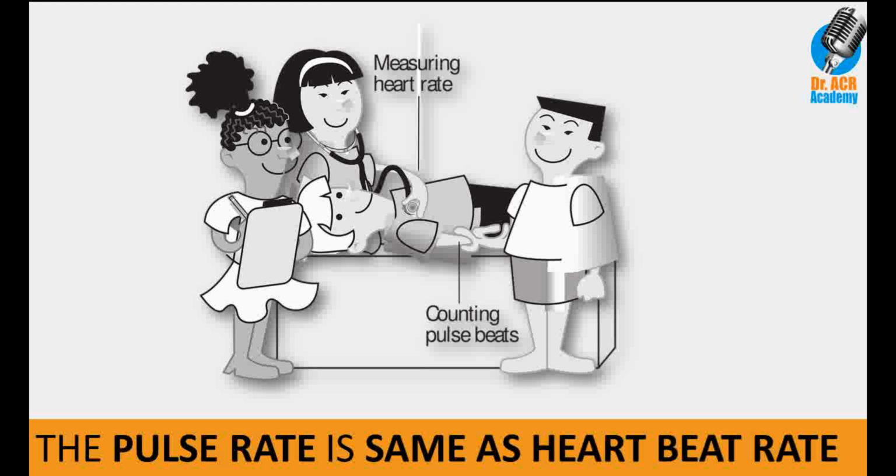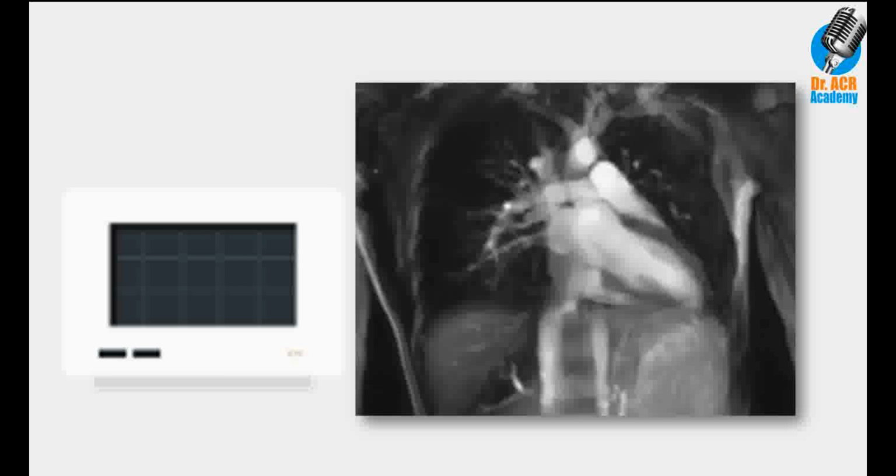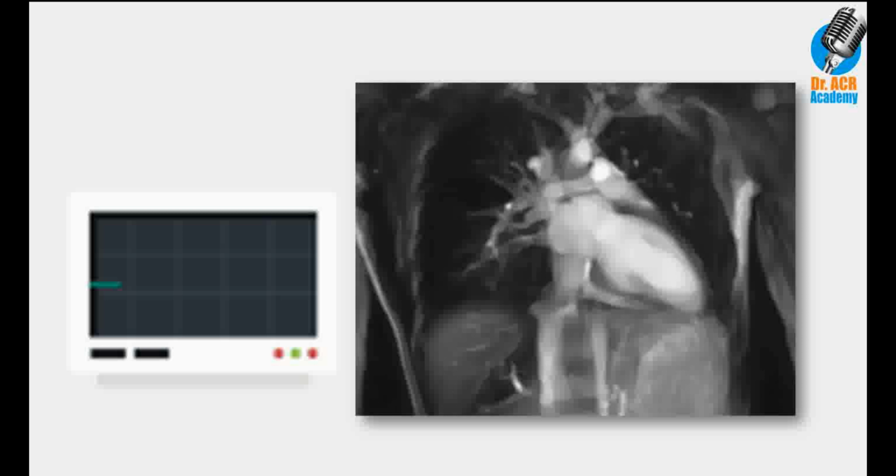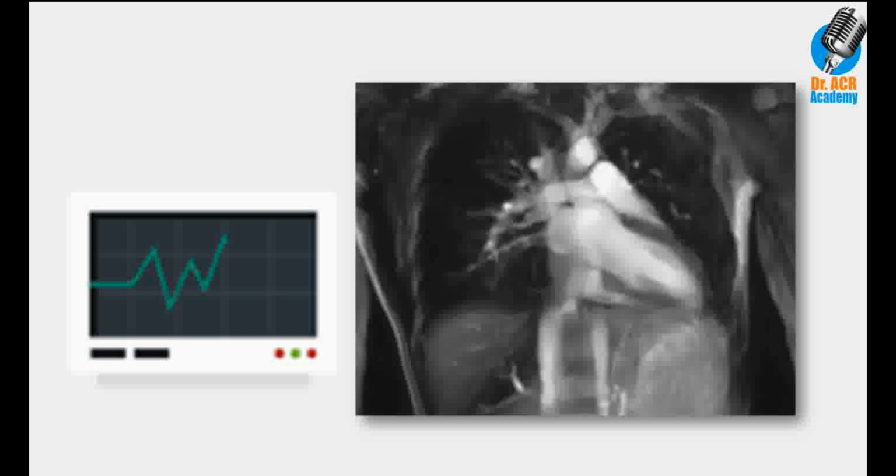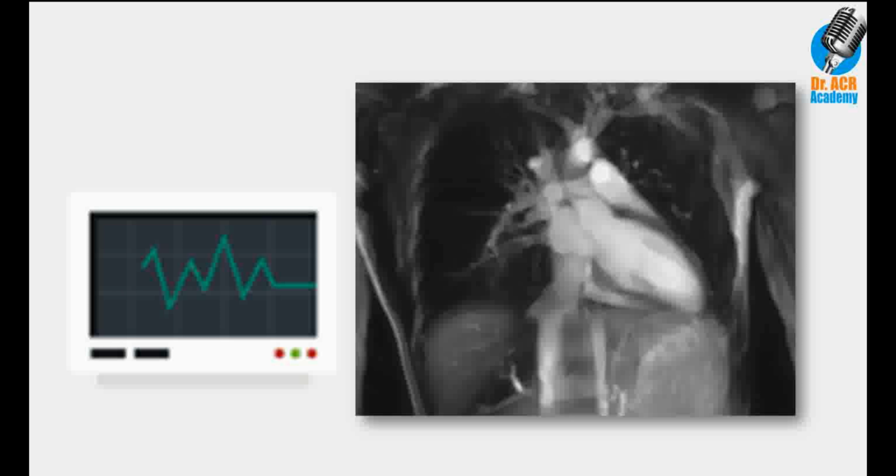That means the pulse rate per minute indicates the rate of heartbeat. In conclusion, the purpose of regular beating of the various chambers of the heart is to maintain the circulation of blood and the transport of substances to different parts of the body.